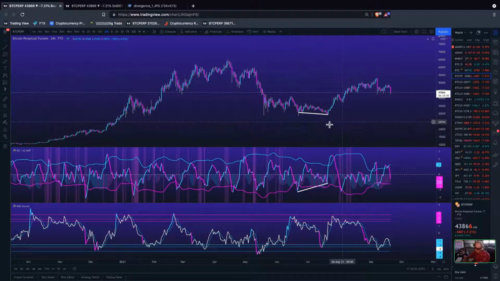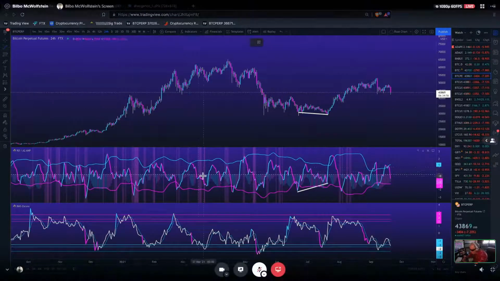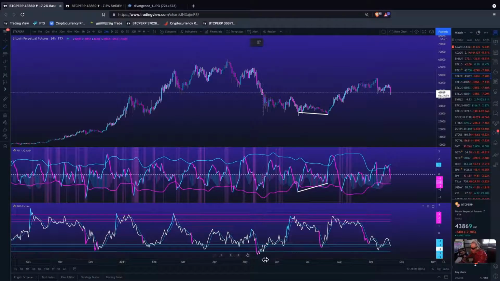That's what started this move to what we're doing right now. Let's take a peek here. Was there any on the Z-score? The Z-score was building over a long period of time, coming all the way from back there. So this is the lowest low we had on the Z-score when we started dumping.